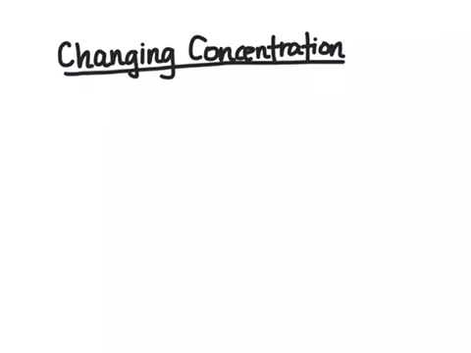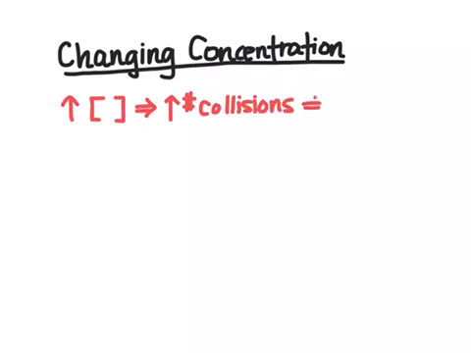The first stress we're going to talk about is changing the concentration. If we increase the concentration of a species in our reaction, we're going to increase the number of collisions that species undergoes. If we increase the number of collisions, we're also going to increase the rate of reaction that consumes that species.